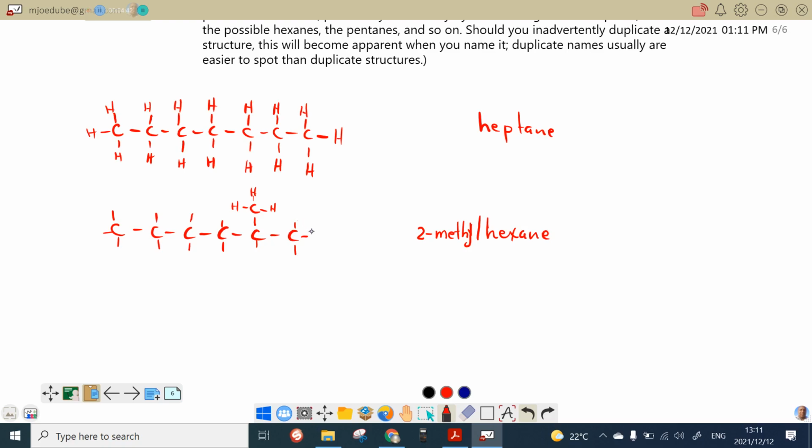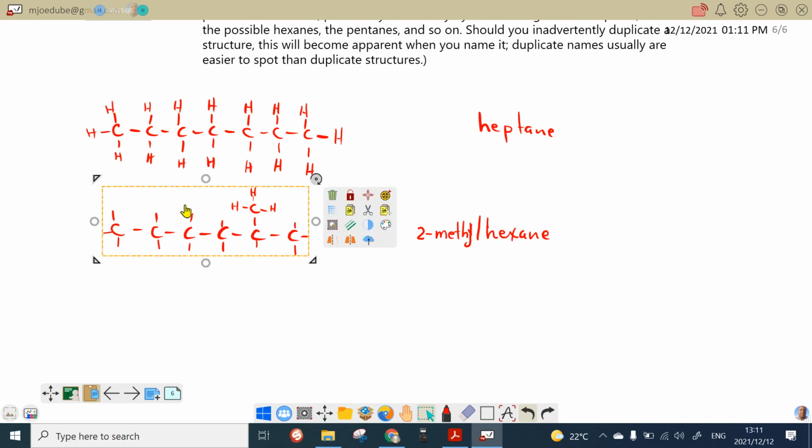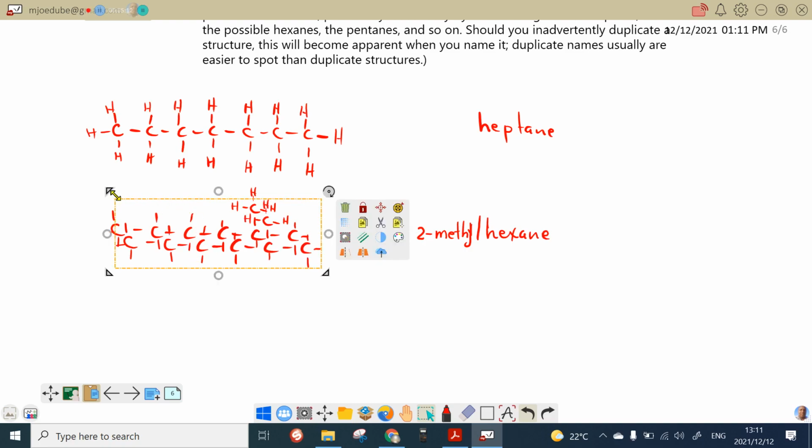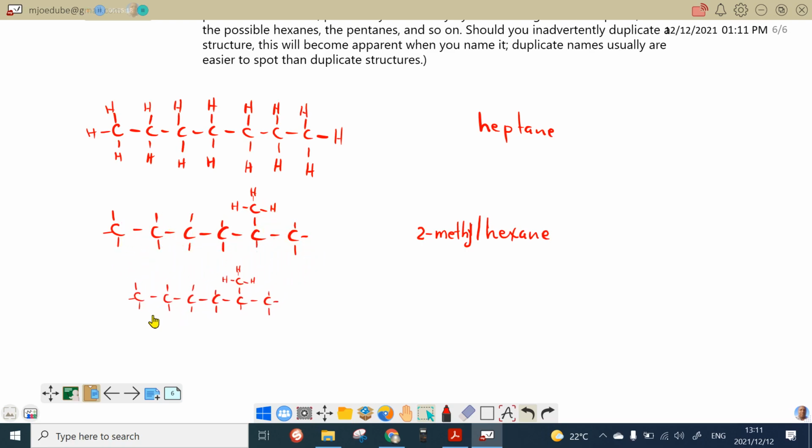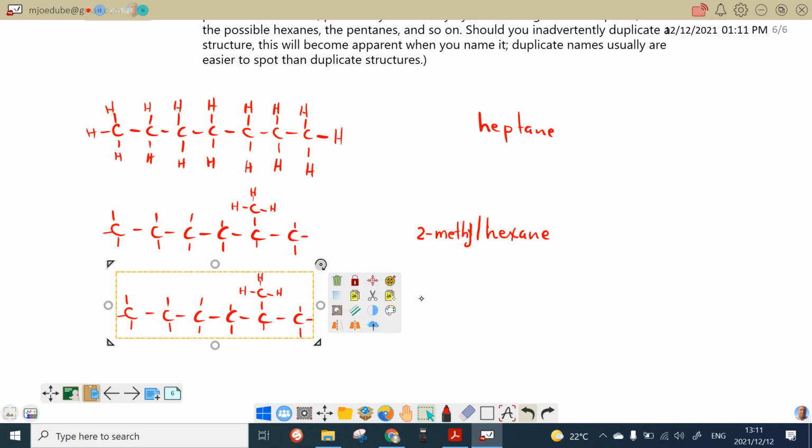And then the next item that you're going to look at is if instead of having the side chain on carbon number 2, you could actually have it on carbon number 3. So what you would then have is a structure that would look like this. I'm just going to copy this, Control C, and paste it here, and then cut this.